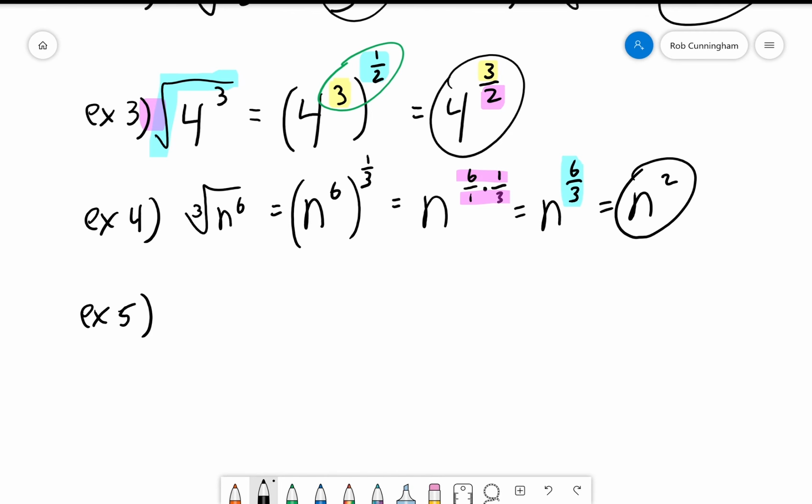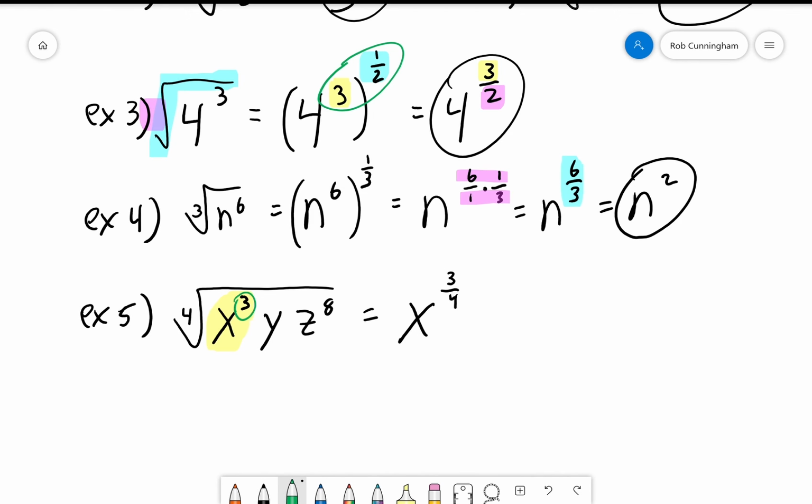So what if I have the fourth root of x to the third y z to the eighth? Again, don't be afraid. It seems like this is a big complicated problem, but it's not. We're just going to break it up into smaller subproblems. Let's just look at the x to the third. The fourth root of x to the third is x to the 3 over 4.